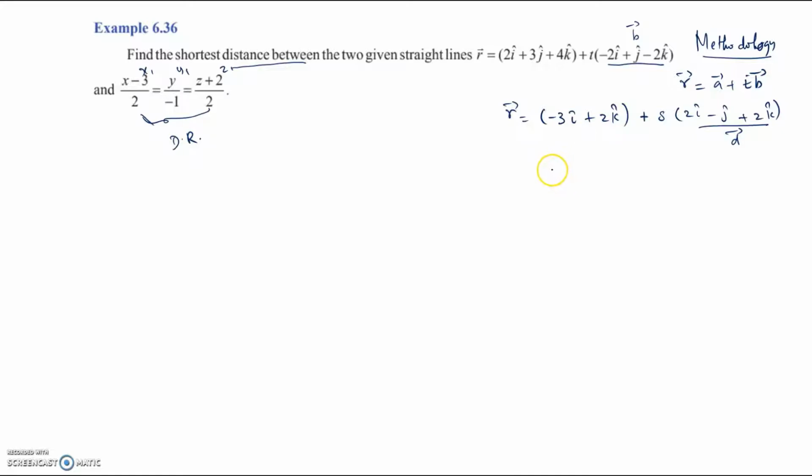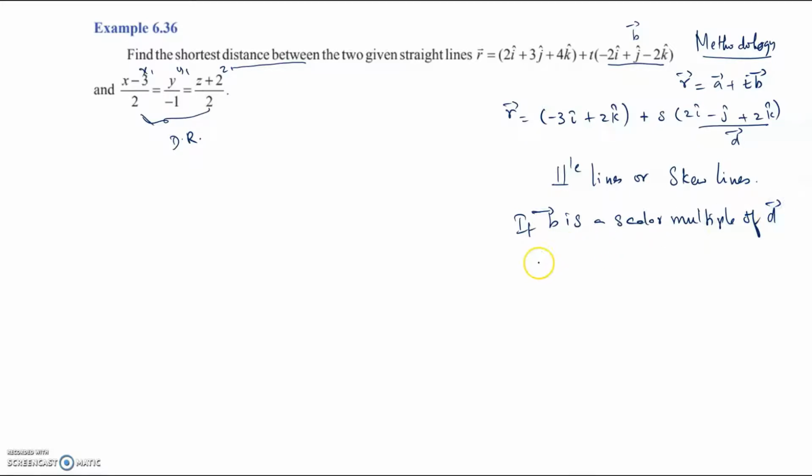So we need to know whether they are parallel lines or skew lines. If vector b is a scalar multiple of vector d, then they are parallel.